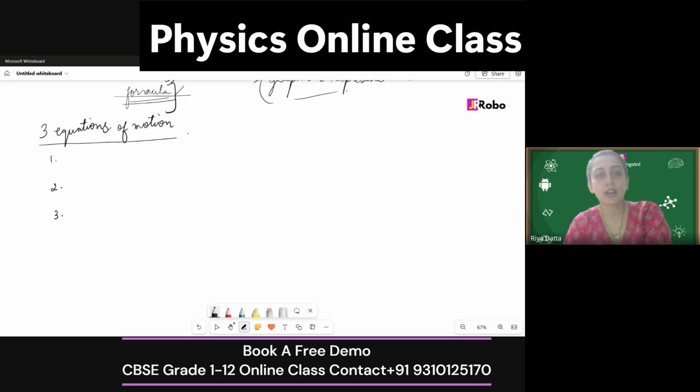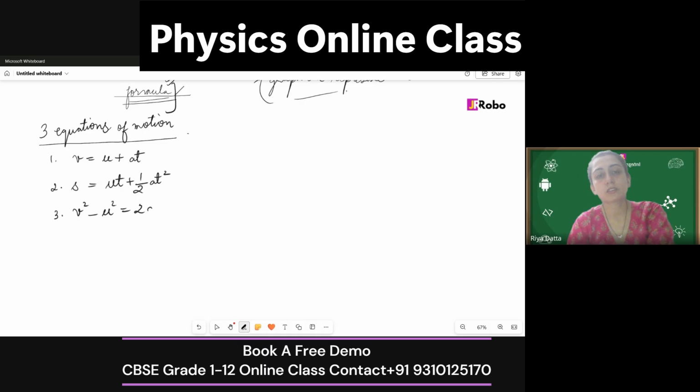The first equation says that V is equal to U plus AT. The second says that S is equal to UT plus half AT square. And the last one is V square minus U square is equal to 2AS.